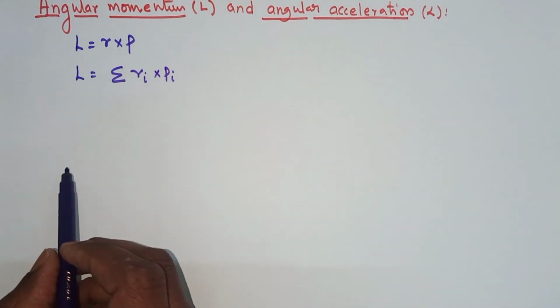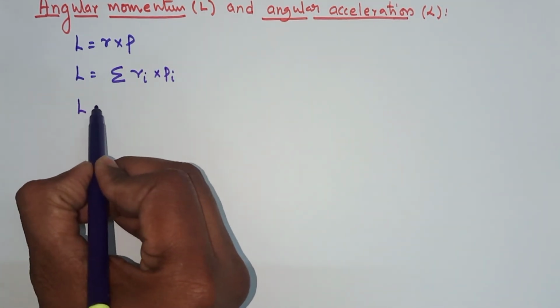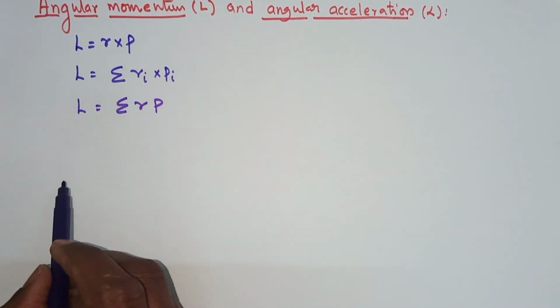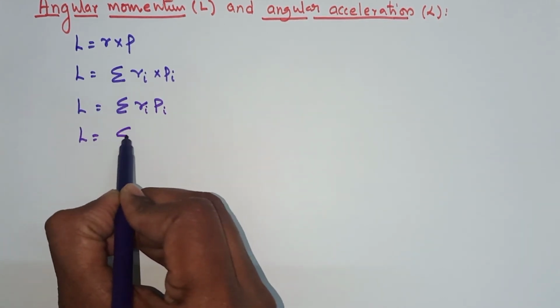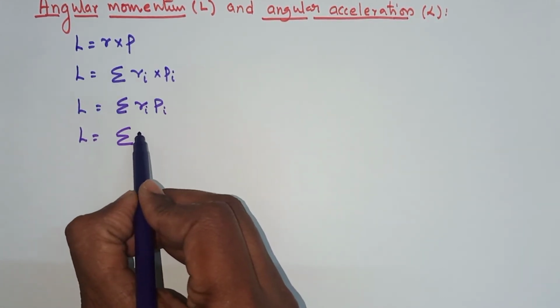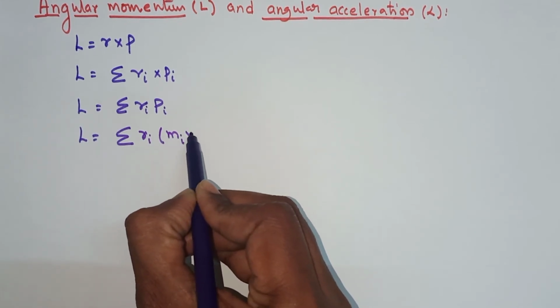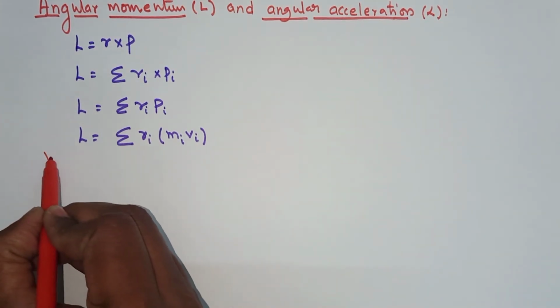You can write it as R P sine theta, right? L is equal to simply R into P. Of course you write Ri Pi. L is equal to summation Ri, Mi into Vi. Linear momentum is equal to M into Vi. What is V? Linear velocity.